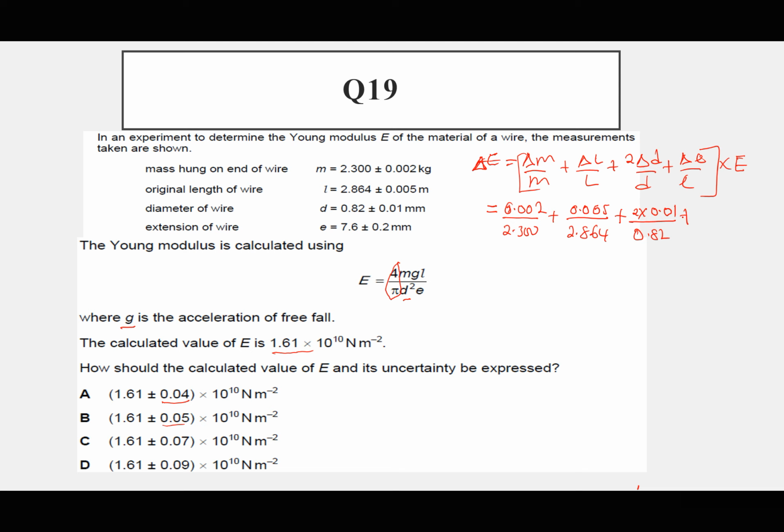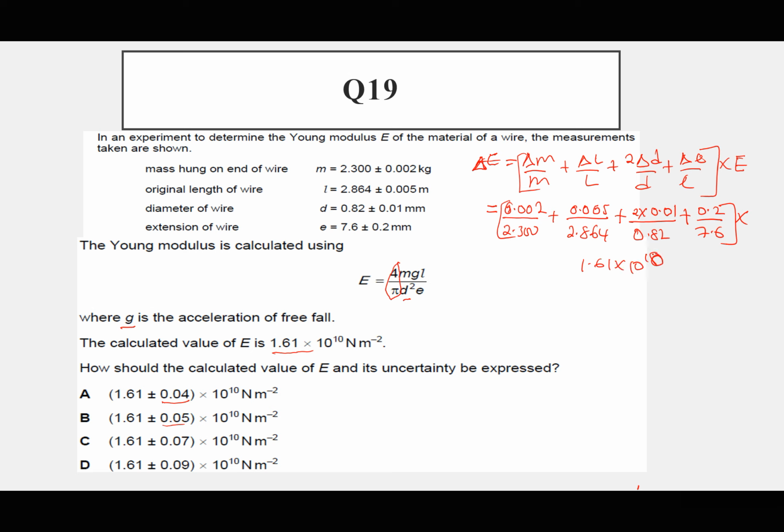Then for E, this is 0.2 divided by 7.6. Now I will multiply this with the true value of E, which is 1.61 times 10 power 10.